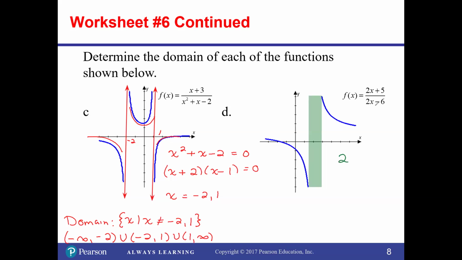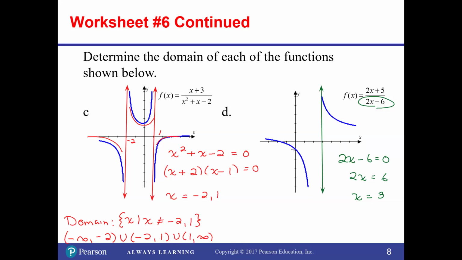So if we take our denominator, we set it equal to 0, we solve for x, we get that x equals 3 is where I have a hole in my domain. So it's about here.